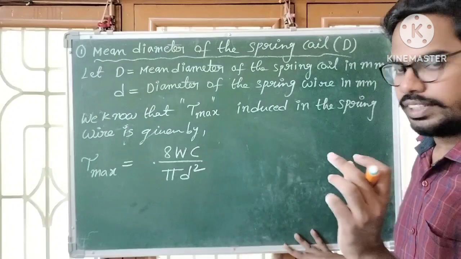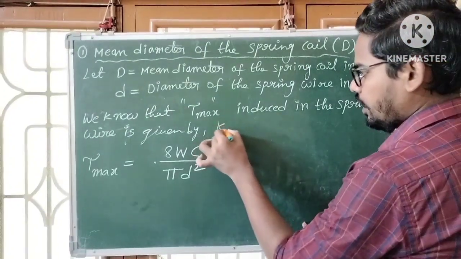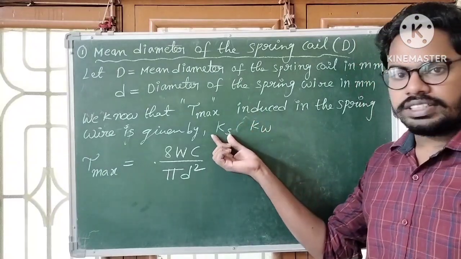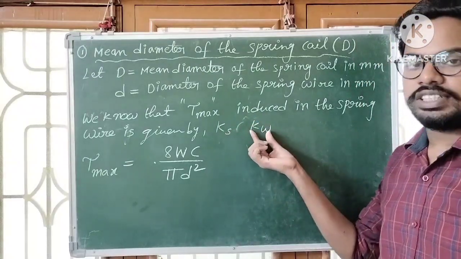We have two constants, Ks and Kw. This is the stress factor and this is the Wahl stress factor.